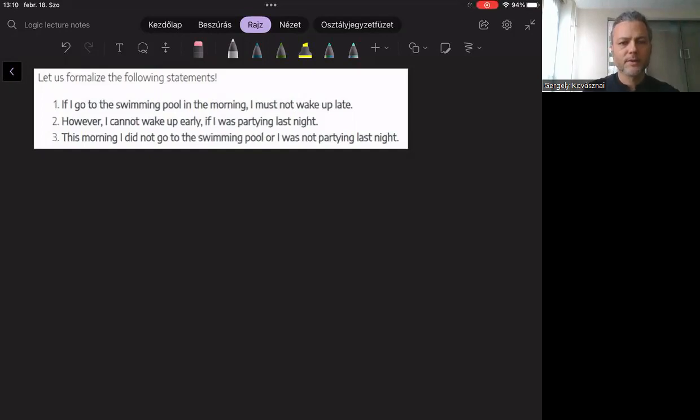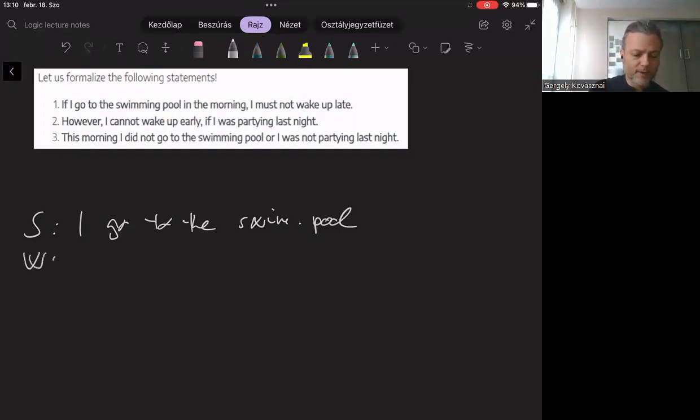Let's introduce the variable s for I go to the swimming pool. Let's introduce another variable, let's say w for I must wake up late, or I wake up late in general. And actually, this is just a side note.